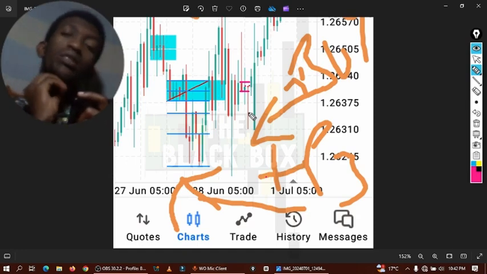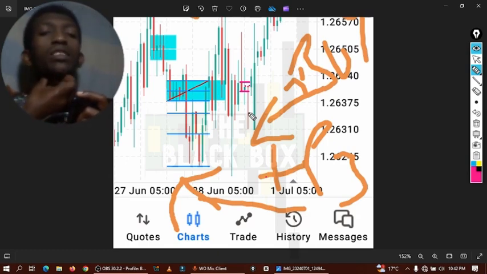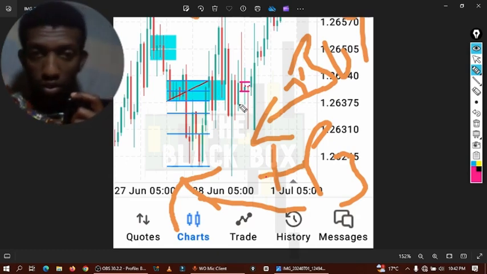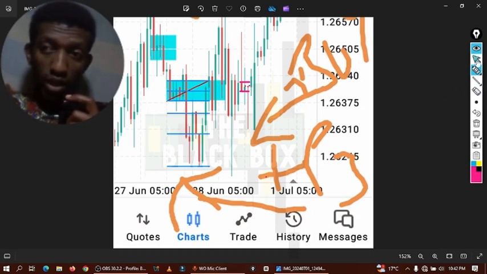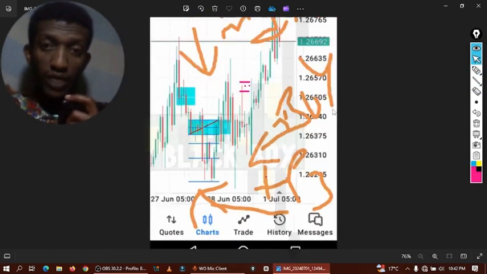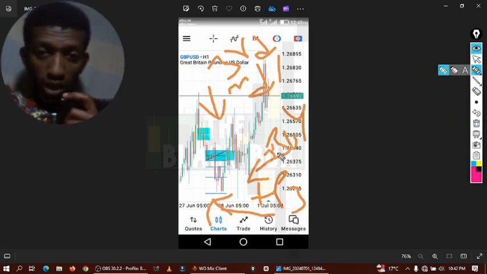Right here, it is supposed to be the third model before this candle formed. But after this candle has formed, there is no third model. It is still a real breakout. This is the first model. Why? Because the black box is actually this one.